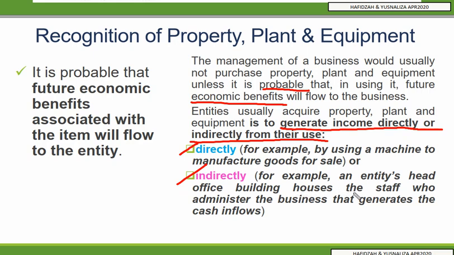For example, an entity's head office building houses the staff who administer the business that generates the cash inflows. Even though the office building is not directly used, it is indirectly used by the employees to generate cash inflows by managing the operation of the business as a whole.